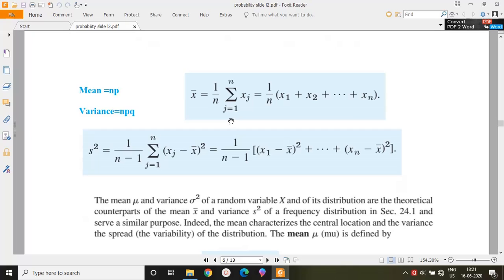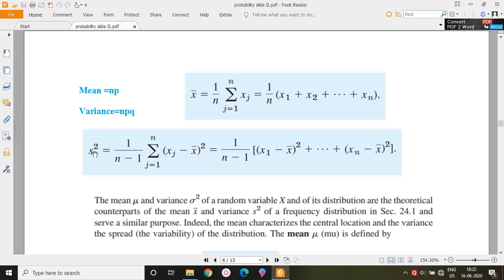Now comes the mean and variance. What is mean? If you go to simple statistics, then the mean x bar for a set of data is 1 by n into the sum over all these data, x1 plus x2 plus x3 up to xn, that is 1 by n sum over xj, j goes from 1 to n.